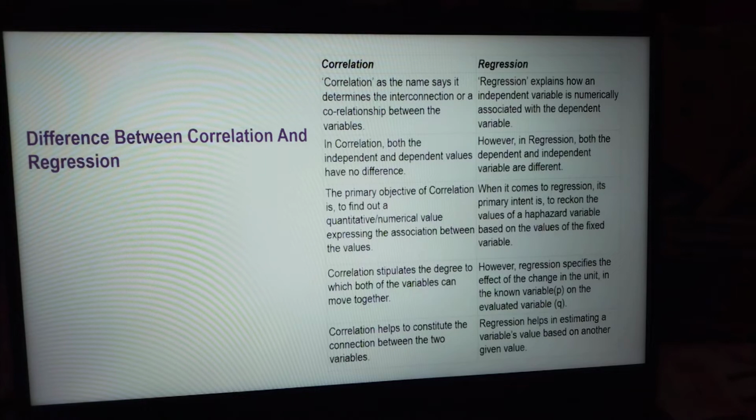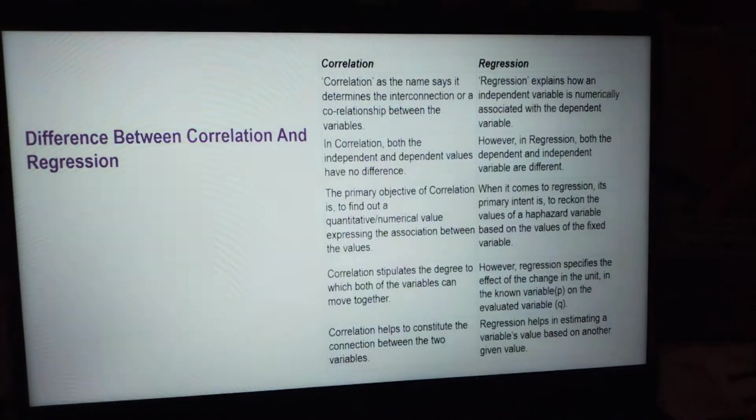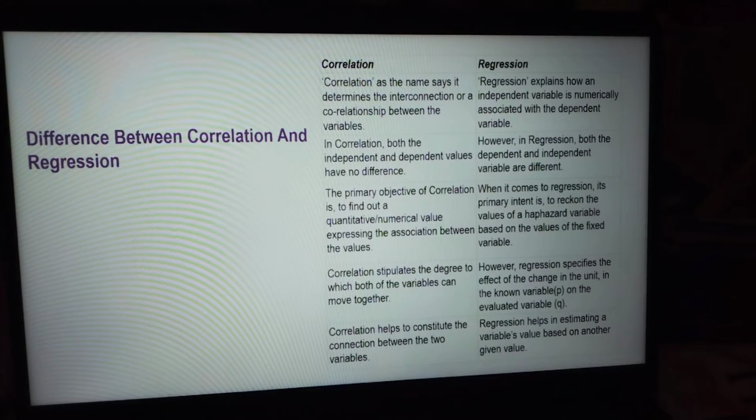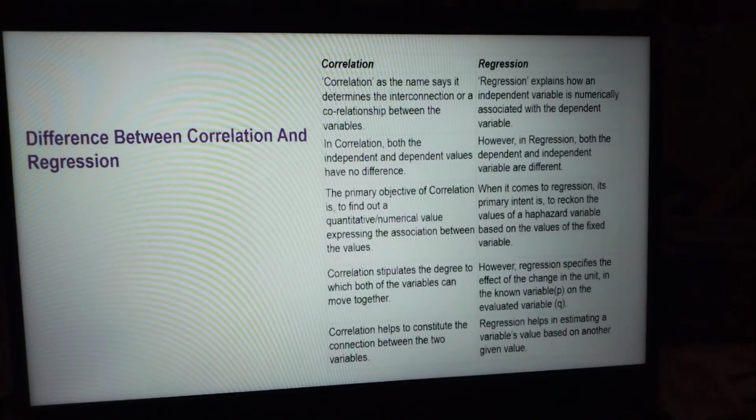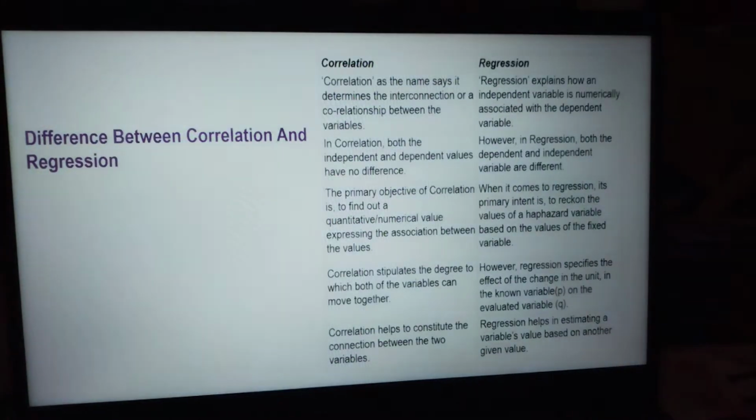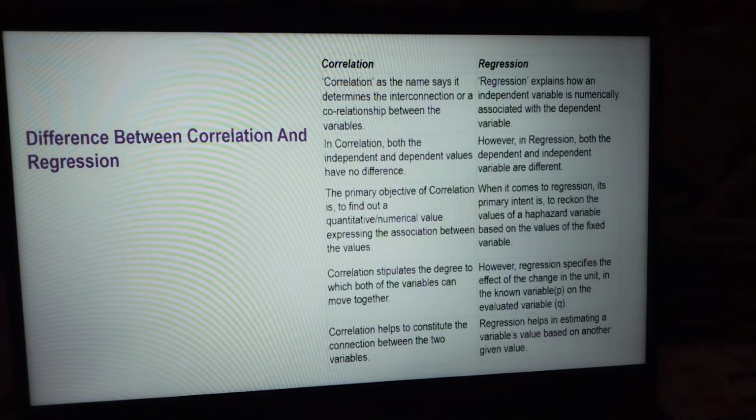With the help of that correlation coefficient, we understand the relationship between variables. Like if the correlation coefficient is in negative form, the relationship between variables is in downward form. It is going to be negative. And if that correlation coefficient is a positive value, the relationship is upward. It is going to be positive.